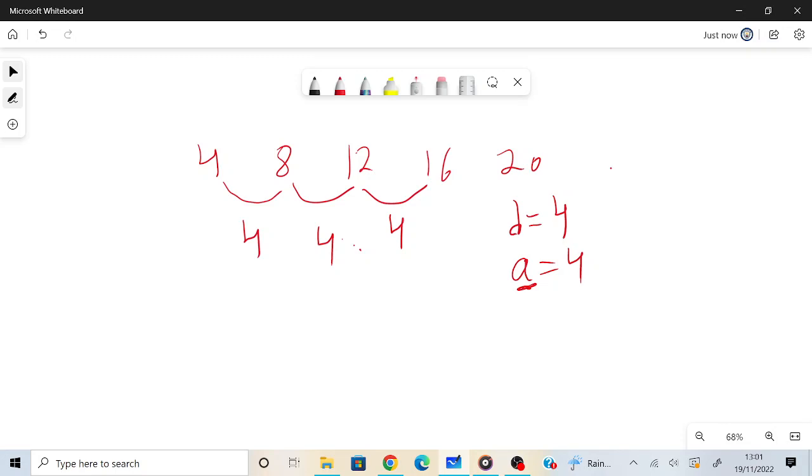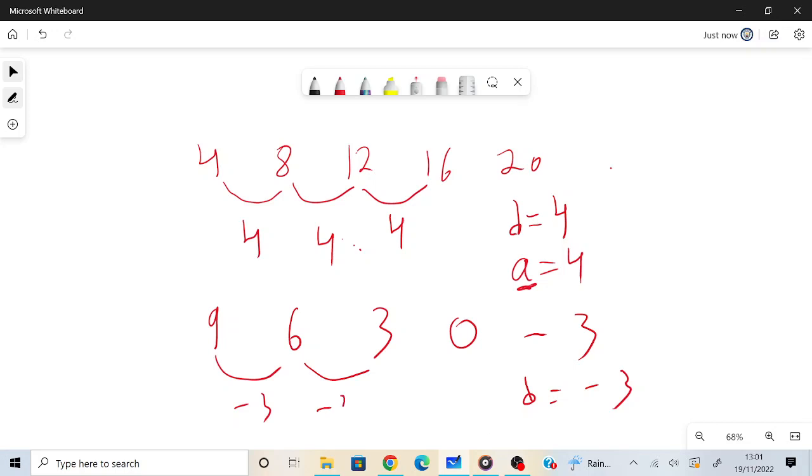For example, it could go from 9 to, let's say, 6, to then 3, to then 0, then minus 3. In this case, our D is minus 3 because from each term you're subtracting 3 to get the next term. And our A in this scenario would be 9 because that's our first term over here.